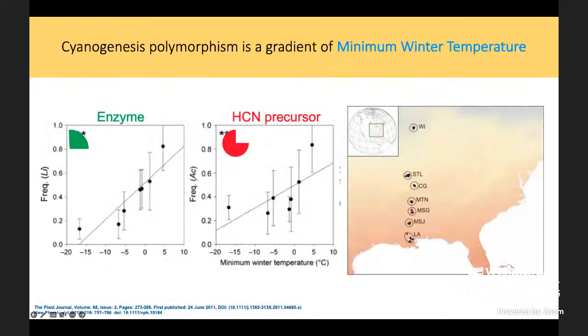The Olson lab also found the allele frequency of the AC gene and LI gene is related to minimum winter temperature, with higher frequency of this allele in a warmer climate, which indicates the polymorphism of the AC and LI genes is likely a result of local adaptation.